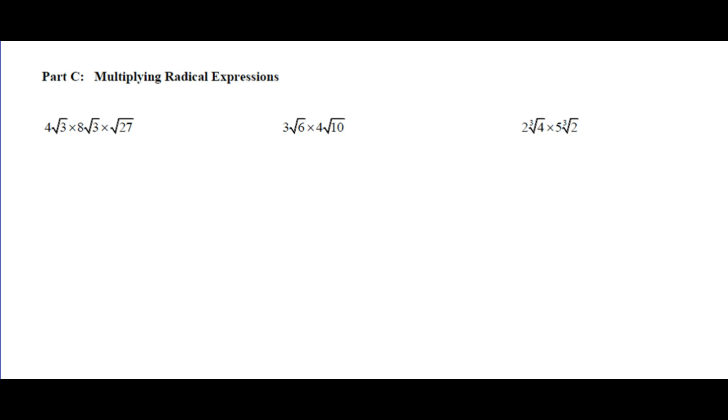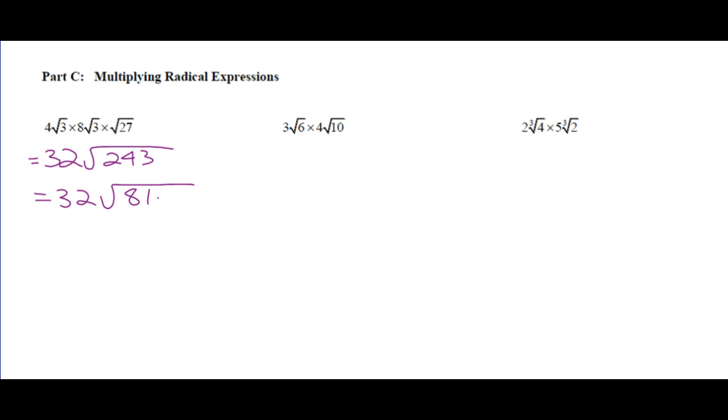Okay, so I'm going to take the numbers, multiply them together, get 32. And I could say it's the root of 3 times 3 times 27. Okay, so 3 times 3 is 9. 9 times 27 is 243. Well, the largest perfect square that goes into 243 is 81.